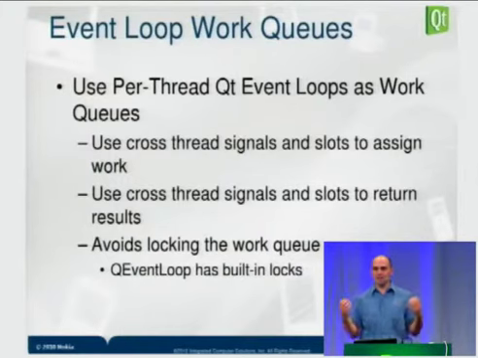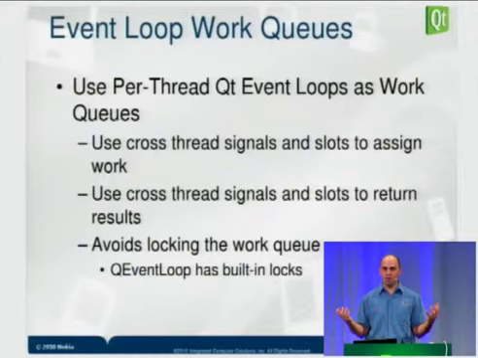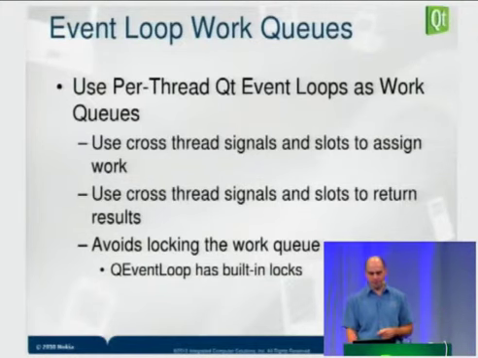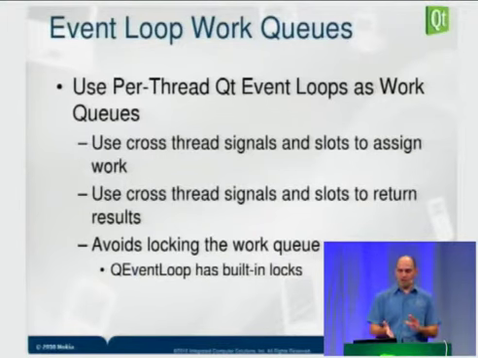Now, since Qt event loops are already mutex locked, you can use that as a work queue. You can send work pieces over signals and slots. You can get work products back over signals and slots. And you won't have to worry about maintaining your own work queue. So it's very easy.